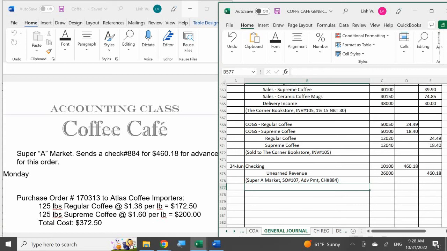You would be going into your accounts receivable to show the advance payment. No. What account did we use to represent the advance payment? Unearned revenue.